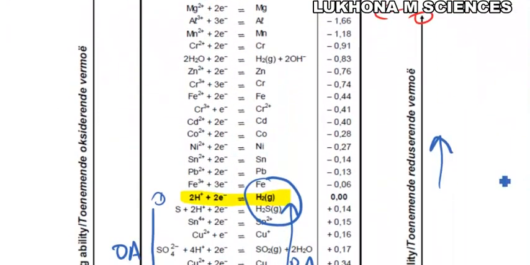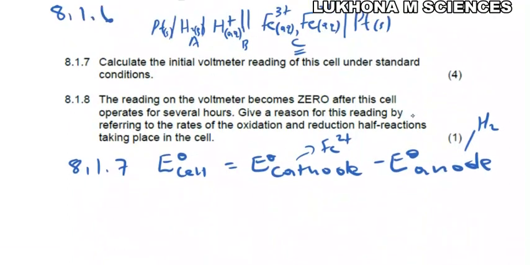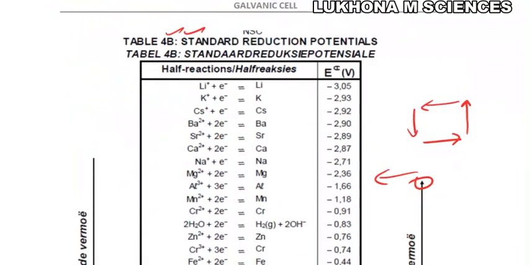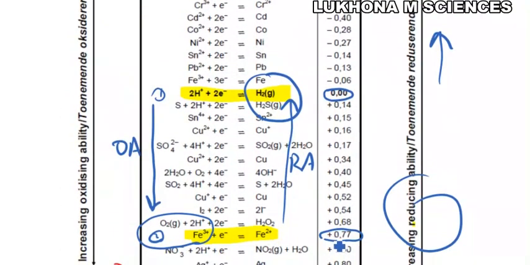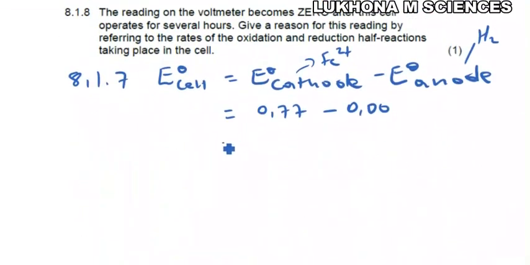The E naught of the hydrogen is 0.00. Then let's look at Fe3 plus. It's 0.77, which means we have the cathode, 0.77, minus the anode, 0.00. Let's confirm. Press the calculator, you get 0.77 volts.